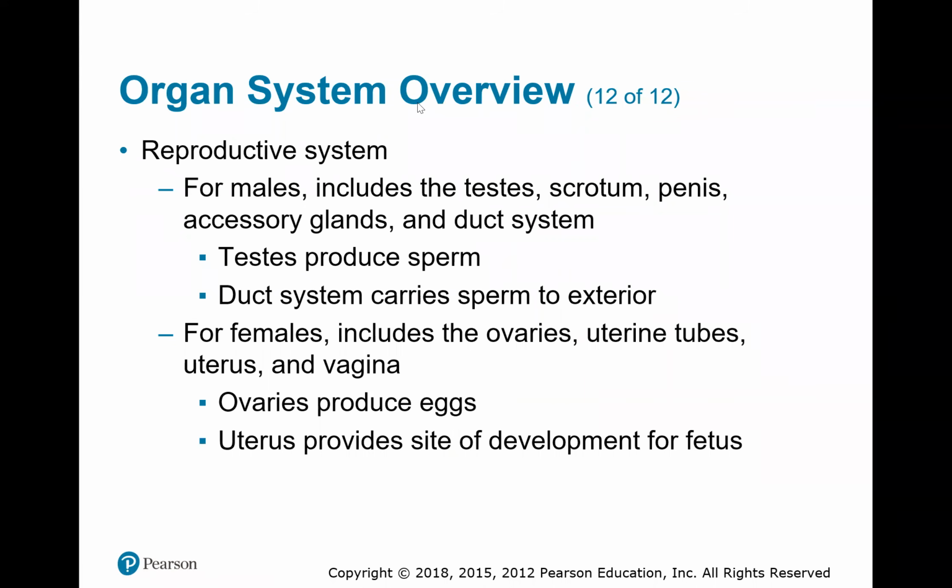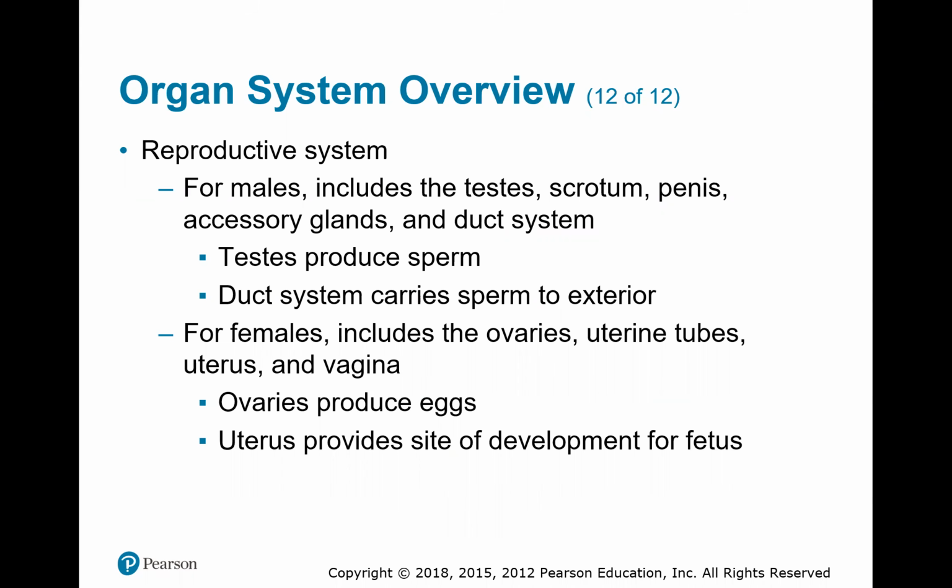And then finally, we discuss the reproductive system. So we have the male and female reproductive system. For males, we're going to see that they have two testes, which is actually going to be part of that endocrine system and reproductive system mixed together. They're housed in what is known as the scrotum.